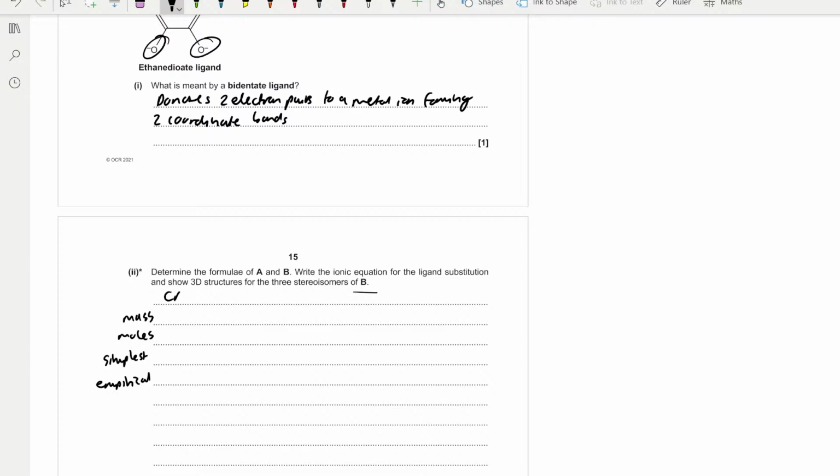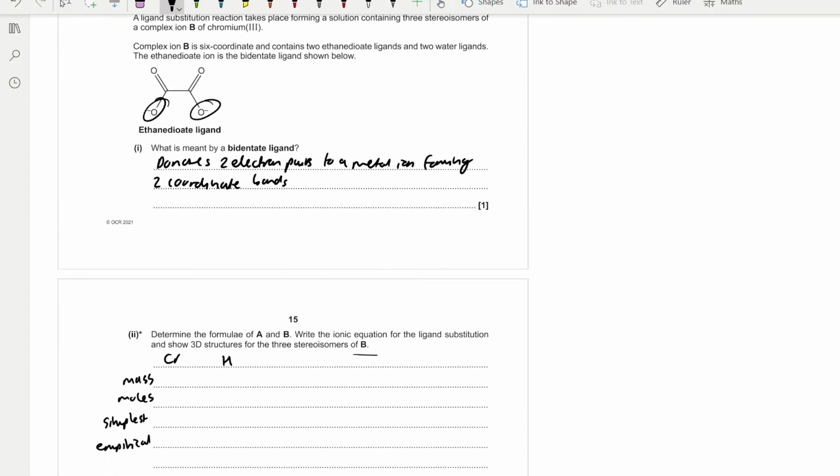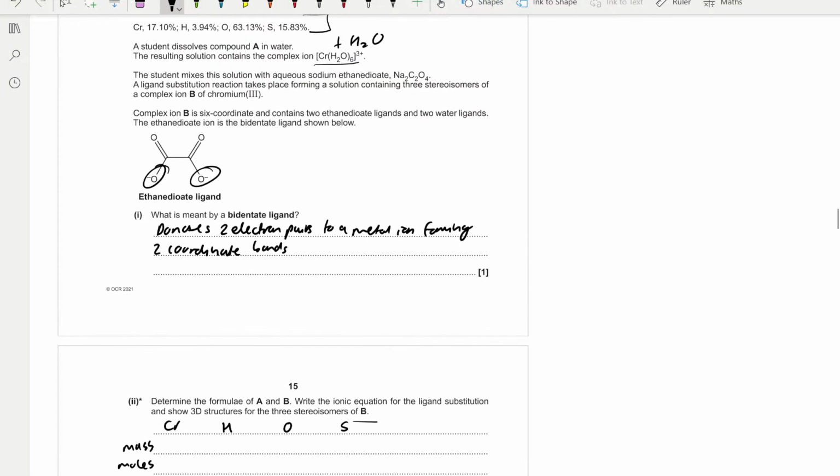And then we've got Cr, H, O, and S. And Cr is 17.1%, H is 3.94%, O is 63.13, and S is 15.83.